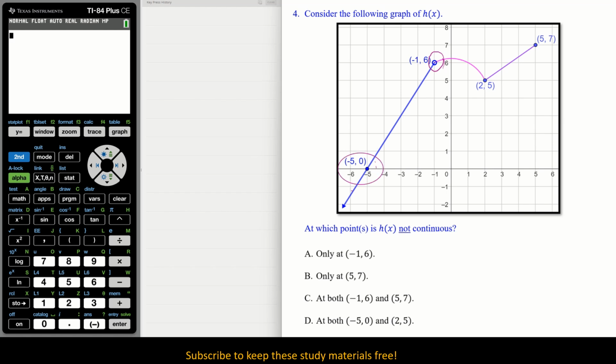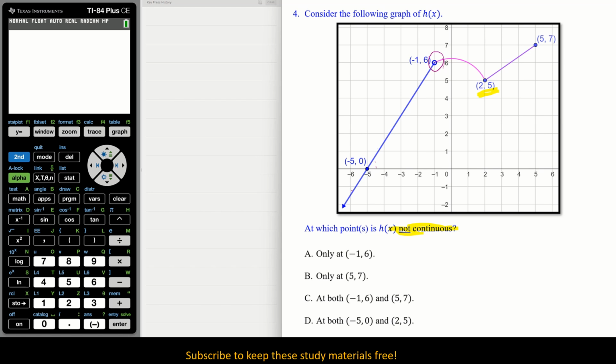All right, but I'm going to erase that because we want to talk about what is not continuous. Now, the 0.25, this one right here, that's tricky. It is still a curve, even though it has a point.